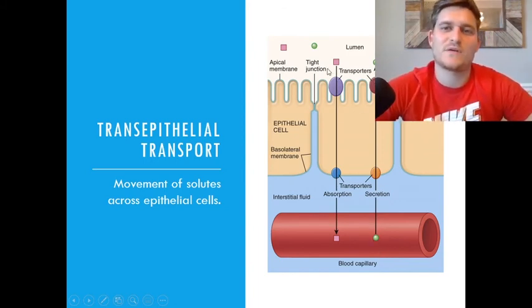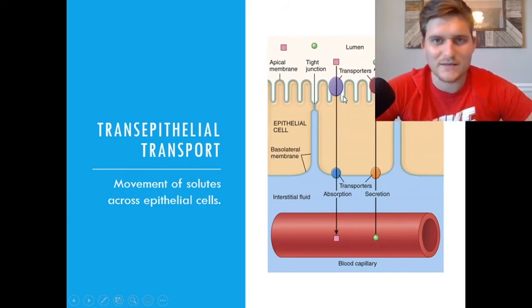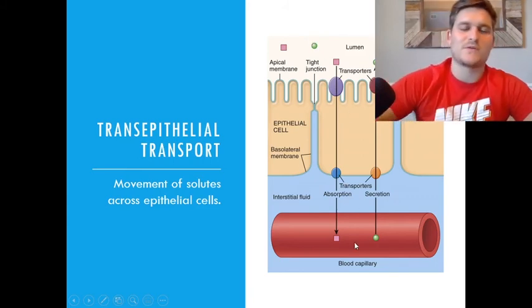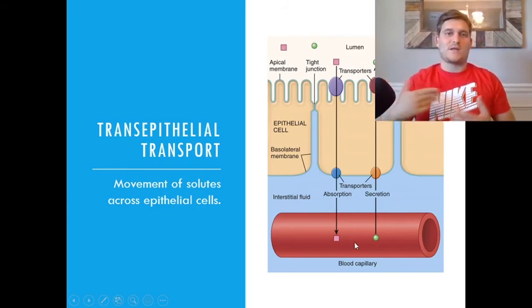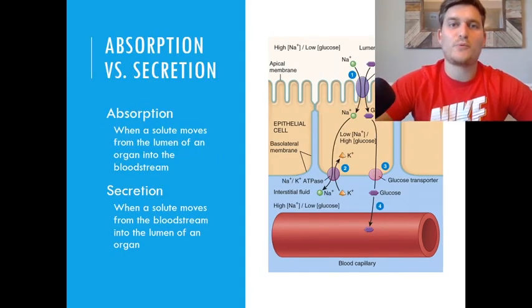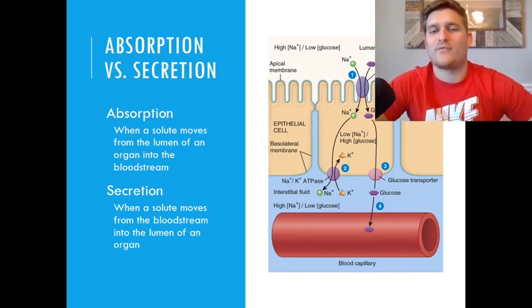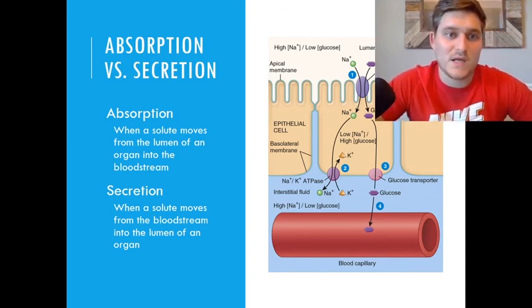Certain materials can also travel across an epithelial cell from a lumen, let's say inside of the body, to the bloodstream as well. That transportation across epithelial tissue is called transepithelial transport. It's important to know these two terms because there are many materials that move from cells to the bloodstream and then from the bloodstream to the cells.